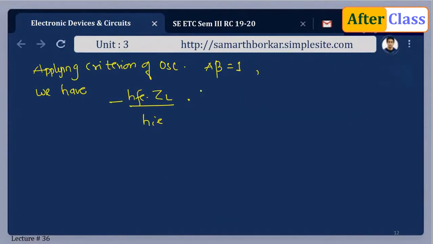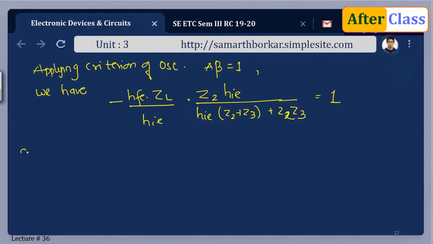So we can write Z2 into hIE divided by hIE Z2 plus Z3 plus Z2 Z3, which equals 1.